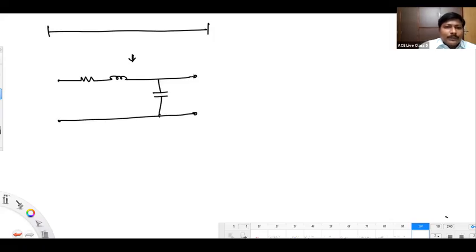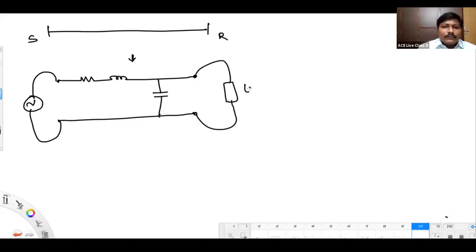Look here, please. This is the sending end side and this is the receiving end side. At the sending end side, we might be having a source. At the receiving end side, you might be having some load like this. And this is your series impedance Z, and this is a shunt admittance Y.